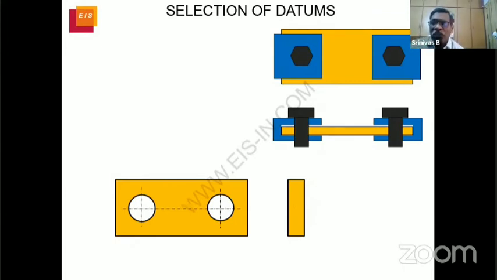FOS is an ISO terminology, feature of size. A boundary generated by an FOS at its MMC or at its LMC, including the impact of GTOL, that is geometric tolerance, and the additional impact of the bonus or additional tolerance, if at all it can extract.